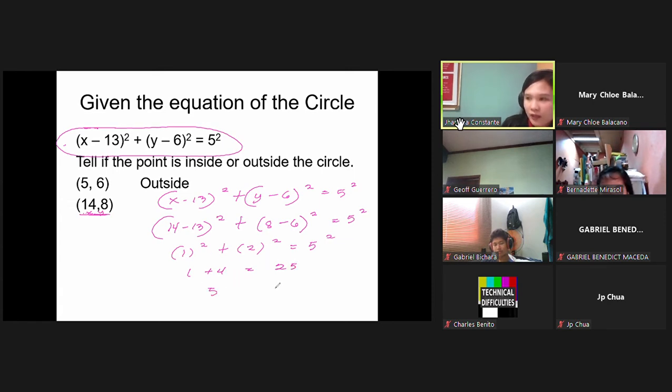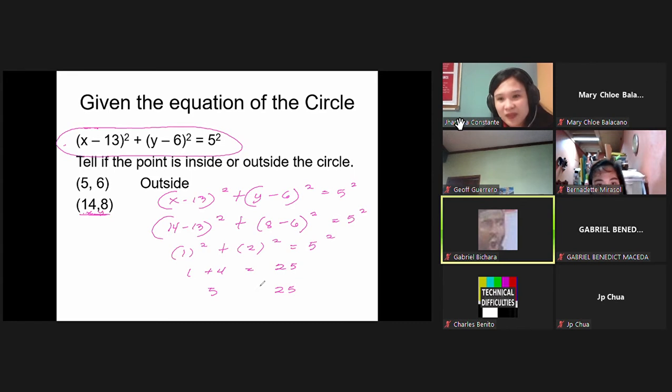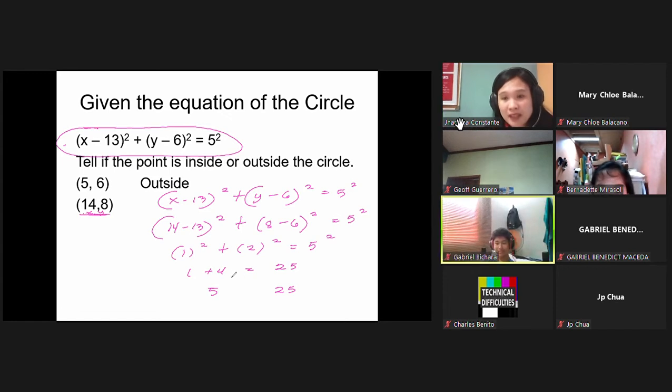So 5 and 25, what symbol are we going to use in the statement? Greater than, less than, or equal? Less than.